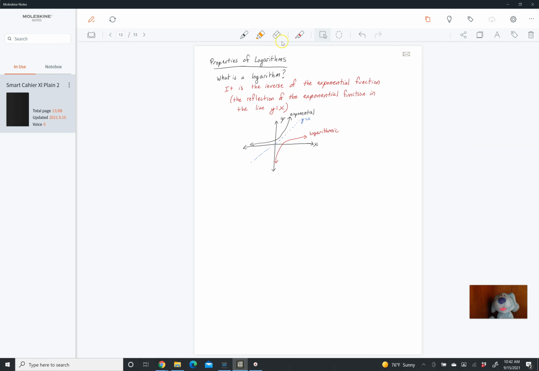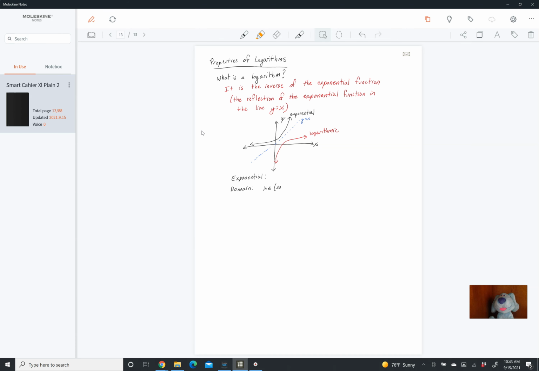So in the exponential function, we already know that the domain is all real numbers.